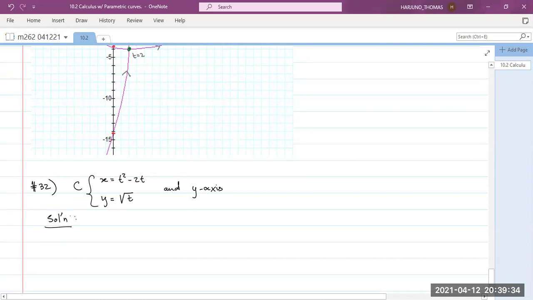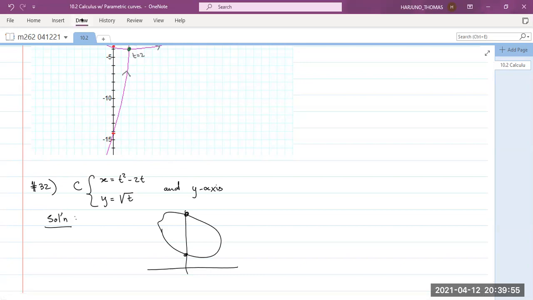And y-axis. Y-axis means x equals 0, right? So let's say you have a curve like this maybe, okay? If it intersects the y-axis, then we need to find the time when it hits the y-axis. That is when x equals 0.